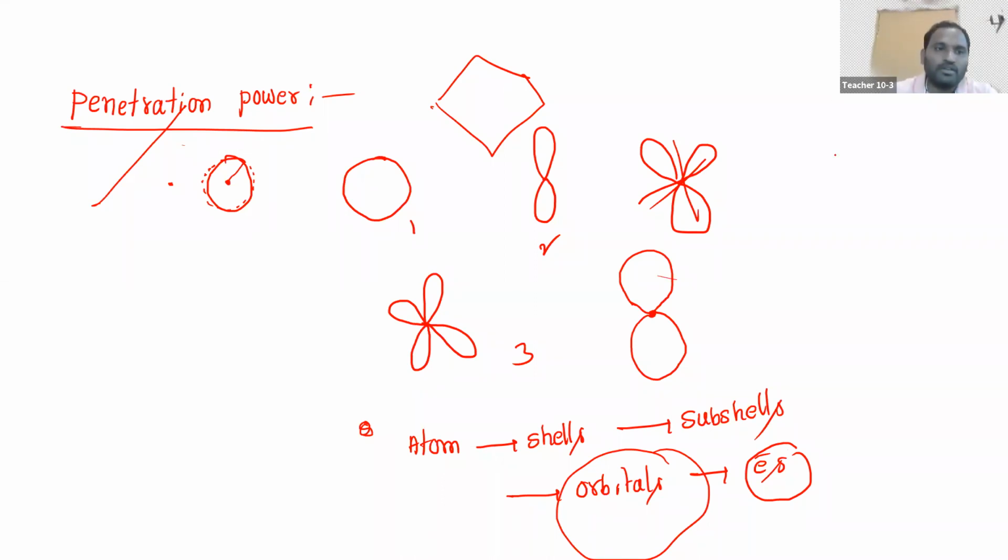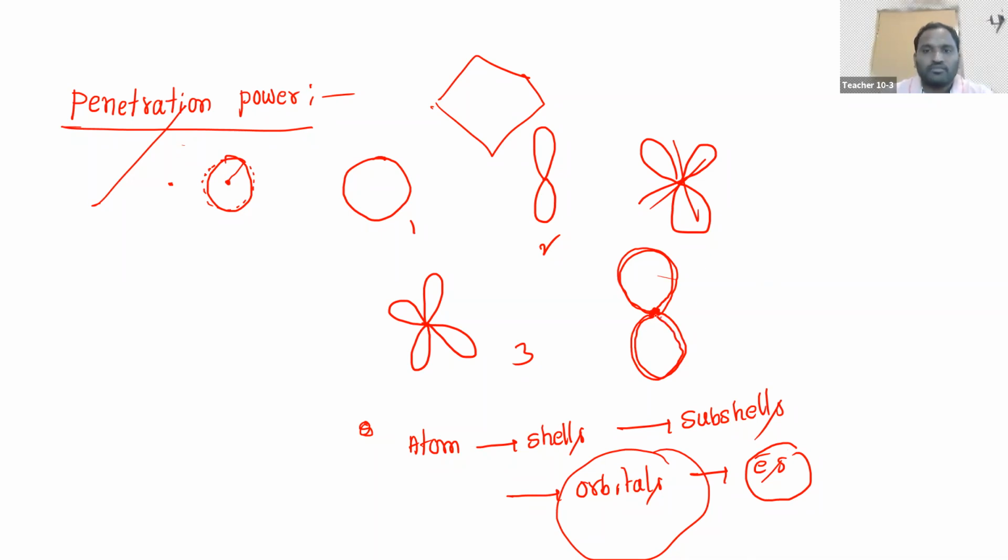Here in p orbital, what happens? The probability of finding electrons will be like this. After reaching a certain point, it becomes zero. Again it increases, and after reaching a certain point, it becomes zero.